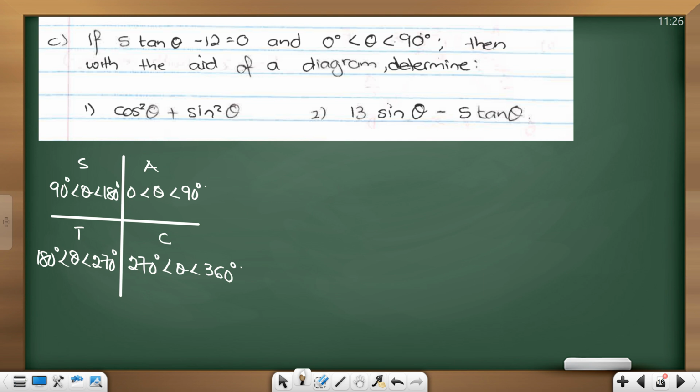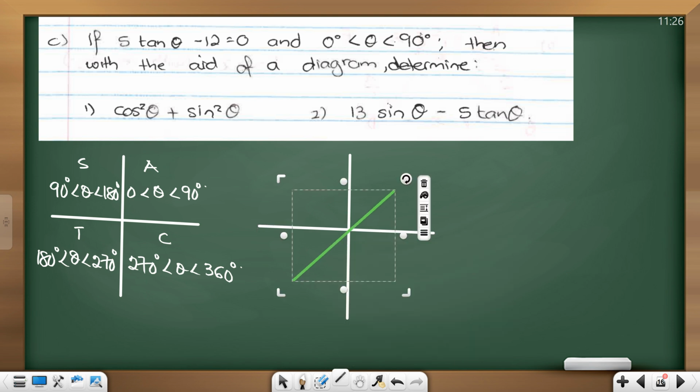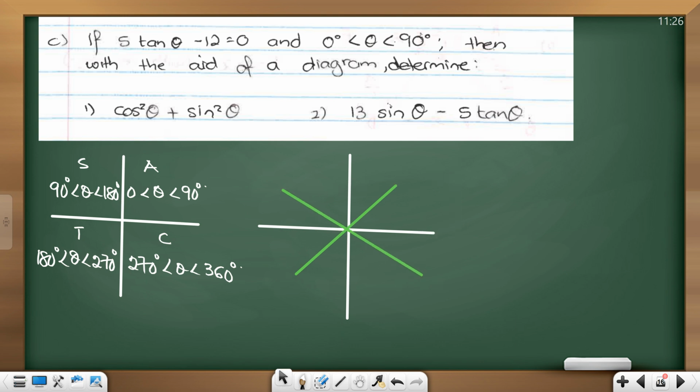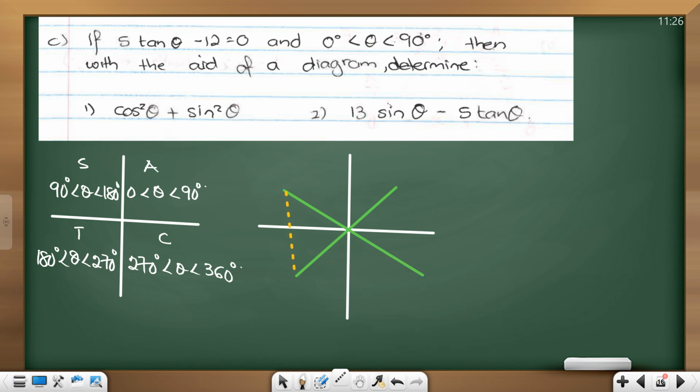And I normally use what I call the trig bow. It's like a bow tie. If I were to draw a bow tie here, it would look like this. What I've simply drawn is a simple bow tie.